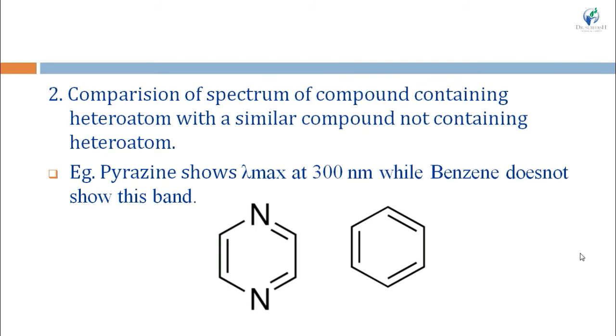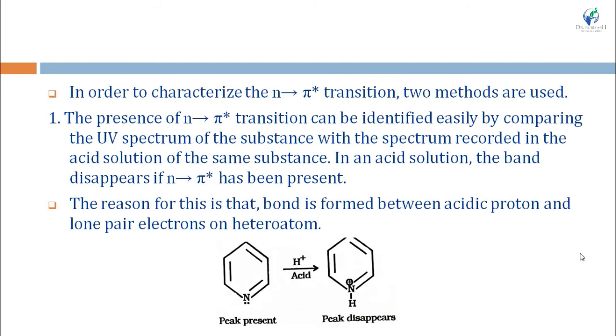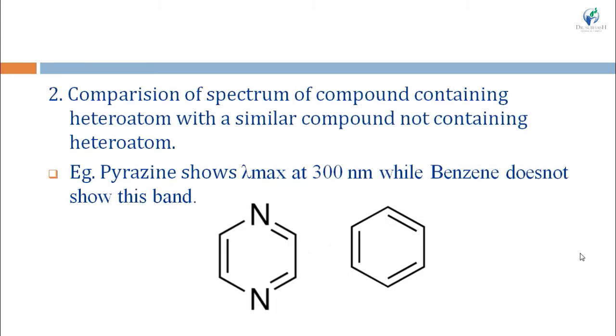Pyrazine shows lambda max at 300 nanometer while benzene does not show any band at 300 nanometer. So we can say that in pyrazine n to pi star transition is there. So these two methods are used to identify n to pi star transition: first in acidic condition, and second with and without the heteroatom.